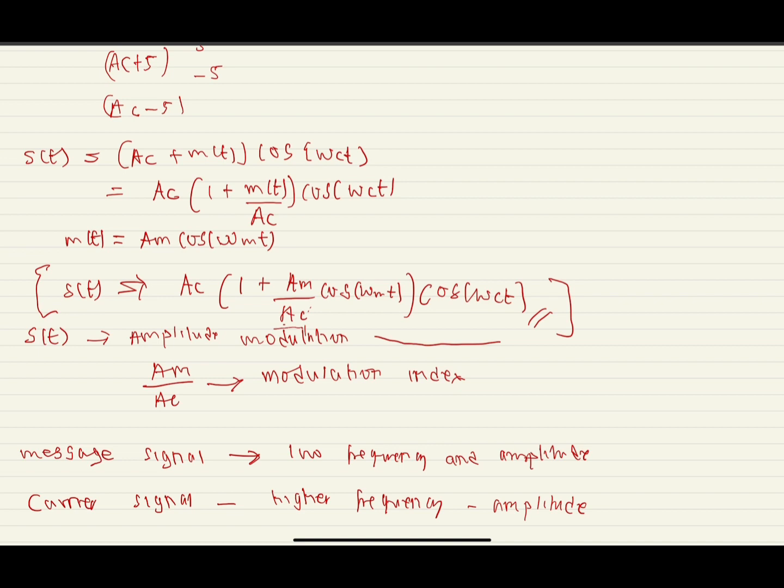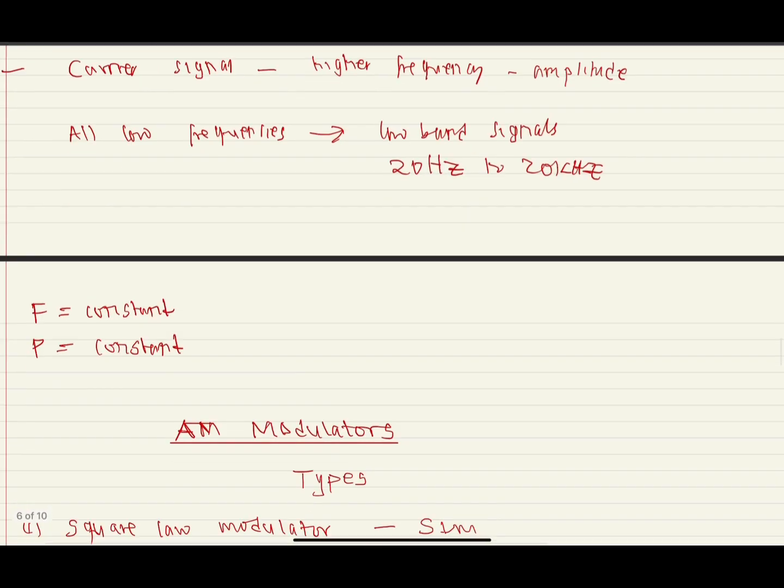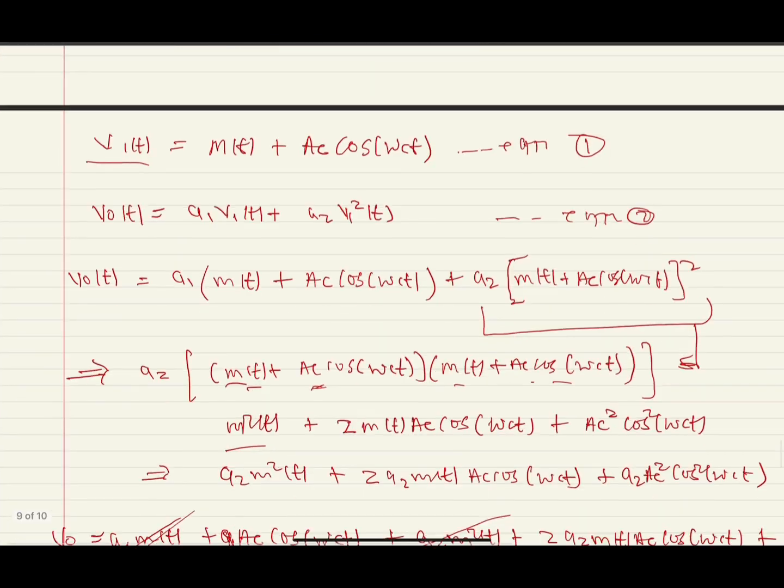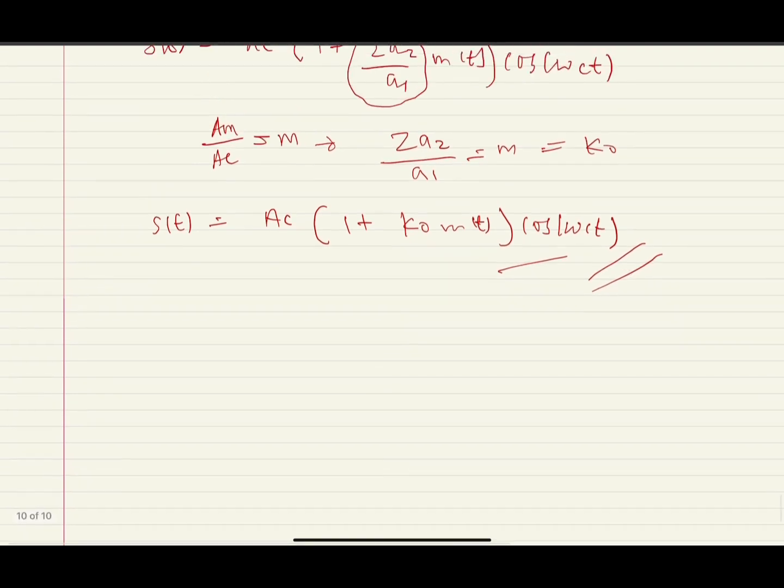When we represent it by K naught, we get K naught cos omega mt. And remember that here we have m of t, and we know that our m of t is equal to AM cos omega mt. You get me?